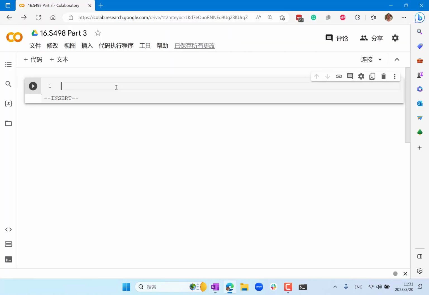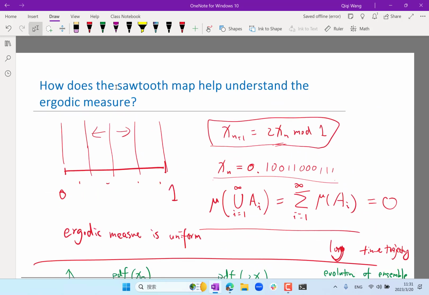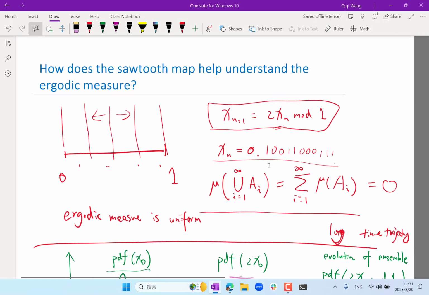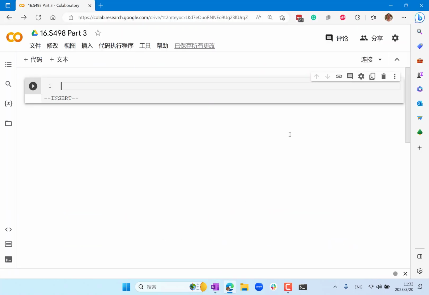Because when we discuss, for example, a long time average of a trajectory, the assumption is that the initial condition has infinitely many digits, which is not the case in the computer. In the computer, whenever we generate even a random number, we are using binary representation, which has finitely many binary digits. And let's see what we get.